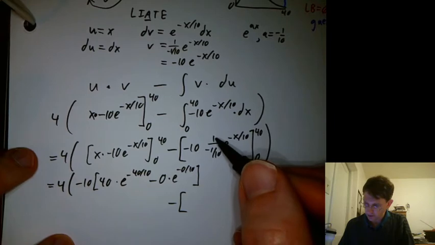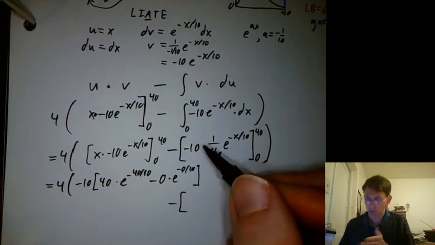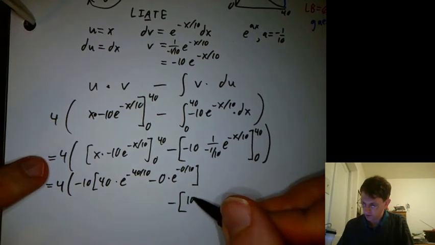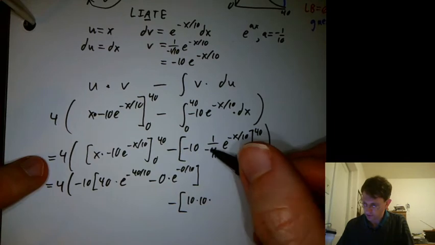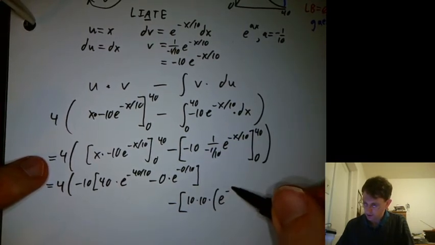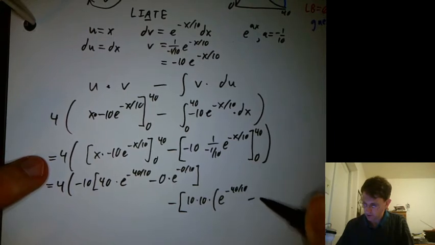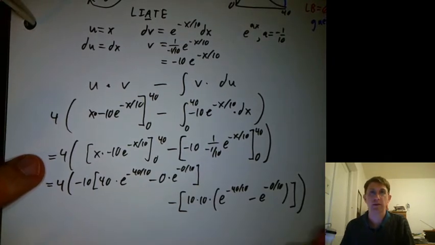I've got 1 over 10, which is just another 10. Multiply that by this, so we'll have 10 times 10 times, and we'll pull all that out. The two negatives will cancel those, and we get e to the negative 40 over 10 minus e to the negative 0 over 10. Whew. That's a lot of brackets.